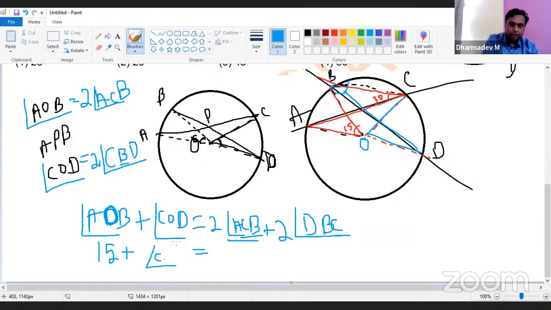So now I have ACB, and the next one is DBC or CBD. Can I say that these both are equal? They're both joining with B, right? So ACB, or I'm taking DCB. So I have a common point as B, right?